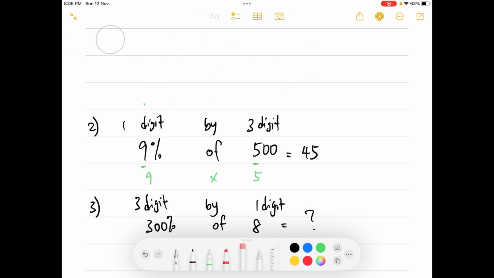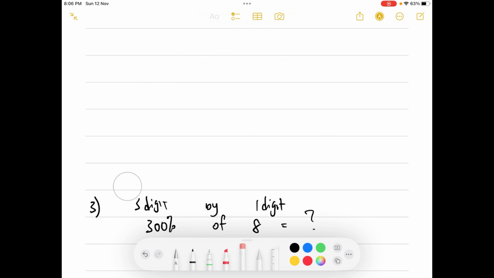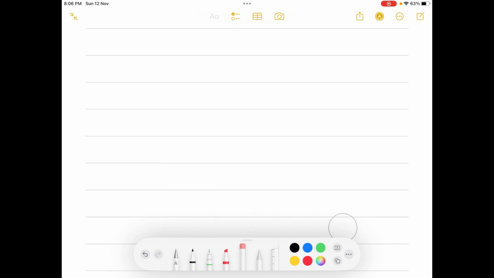Next up, so how do we solve percentage questions? For example, number 1, we have 10% of 60. How to go about? 10% is actually 10 over 100.